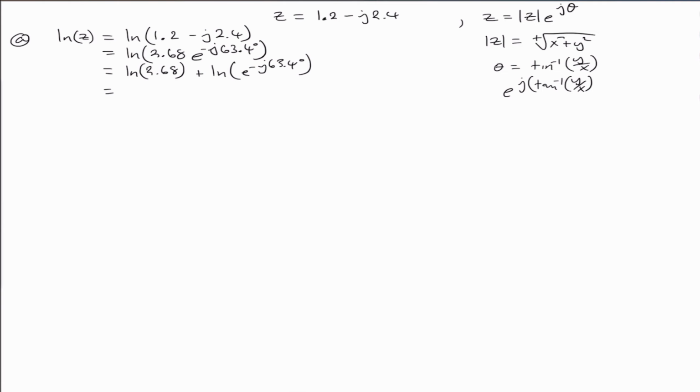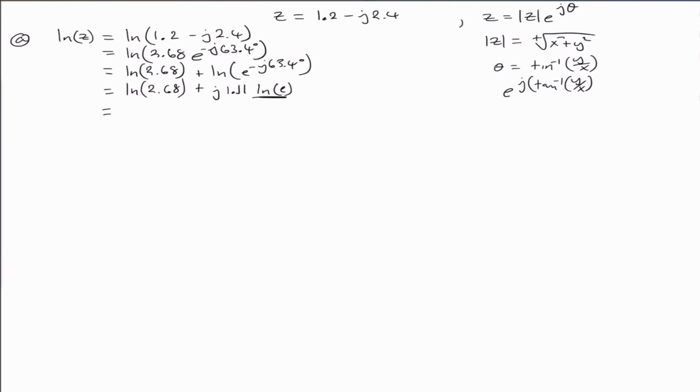Go ahead, use your calculator, plug that in. We see that 63.4 degrees is equal to 1.11 radians, using the conversion between radians and degrees. We bring this down, and we can write that as j times 1.11 times the natural log of e, and we know what this is going to equal out to.